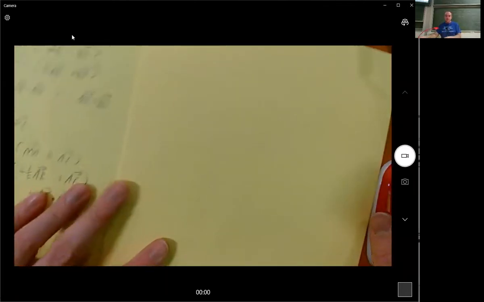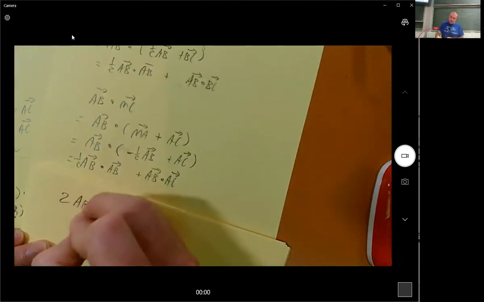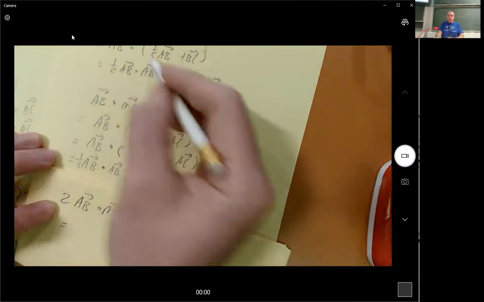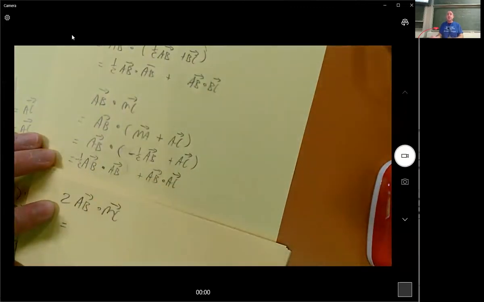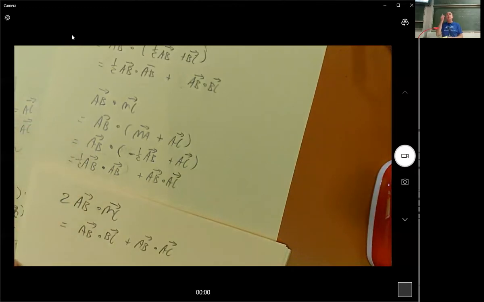If I add them together, then I'm going to have 2 lots of AB.MC is this plus this, which is 0. Okay. Does this help me at all? Probably not.